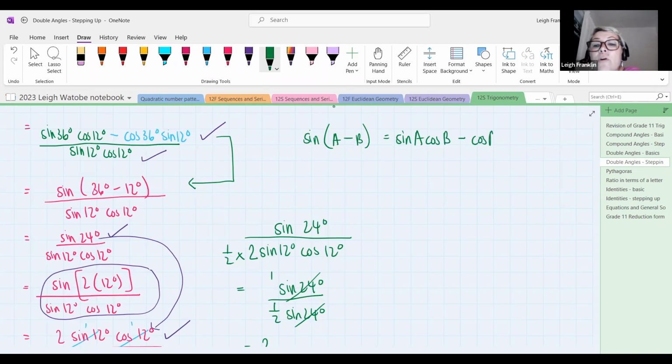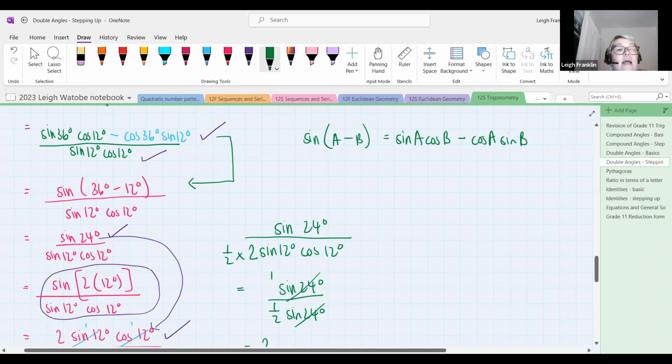Then it would be cos A sine B. So that is your sine compound angle. You would need to look at that numerator and recognize that that's what it is. Again, what you've got is the expansion, the right-hand side, and what you want to do is get sine A minus B.